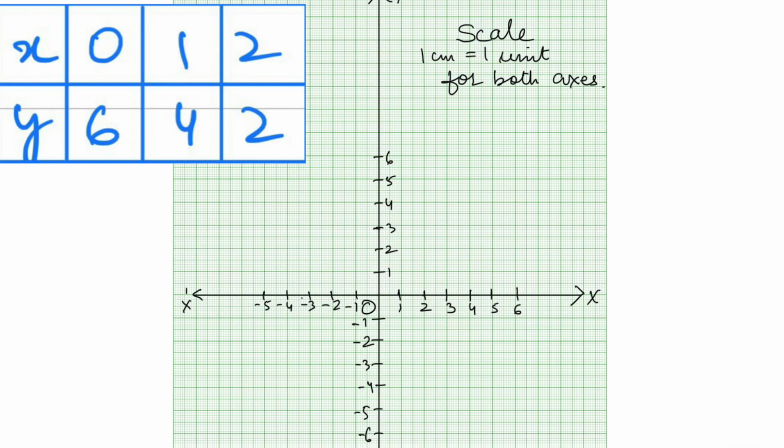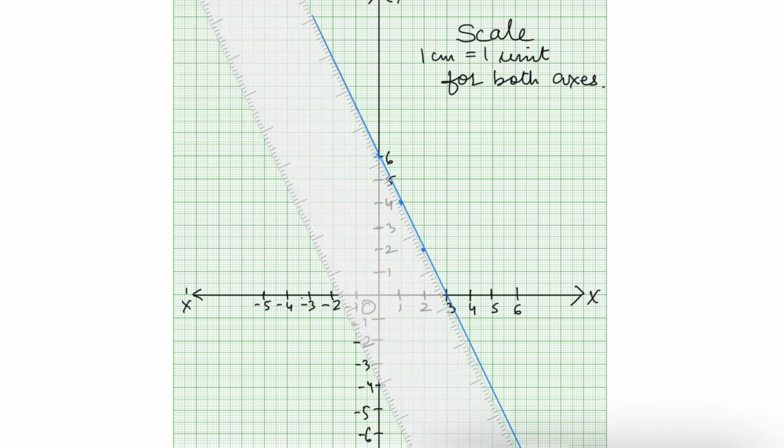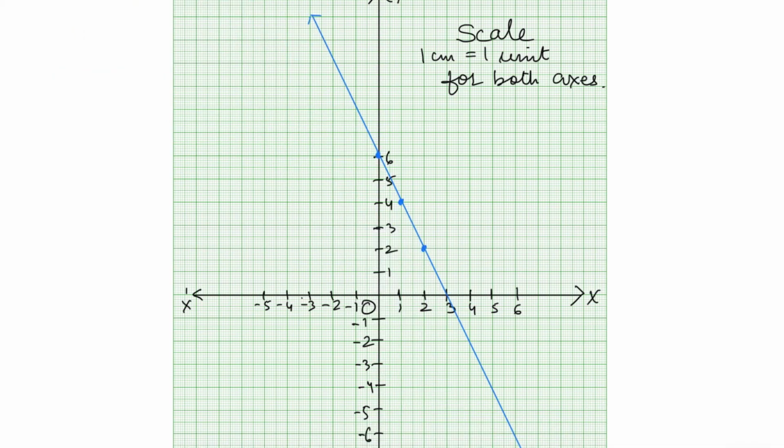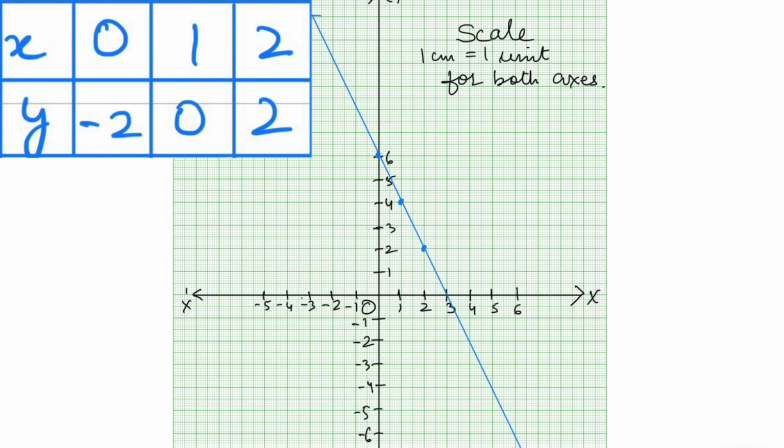So the coordinates for the first line are 0 and 6. So this is my first point. Then I have 1 and 4. So 1 and 4 will be this point. Then 2 and 2. So these are the 3 points of the first line. Now let's join them. So let's mark the points for the second line now.